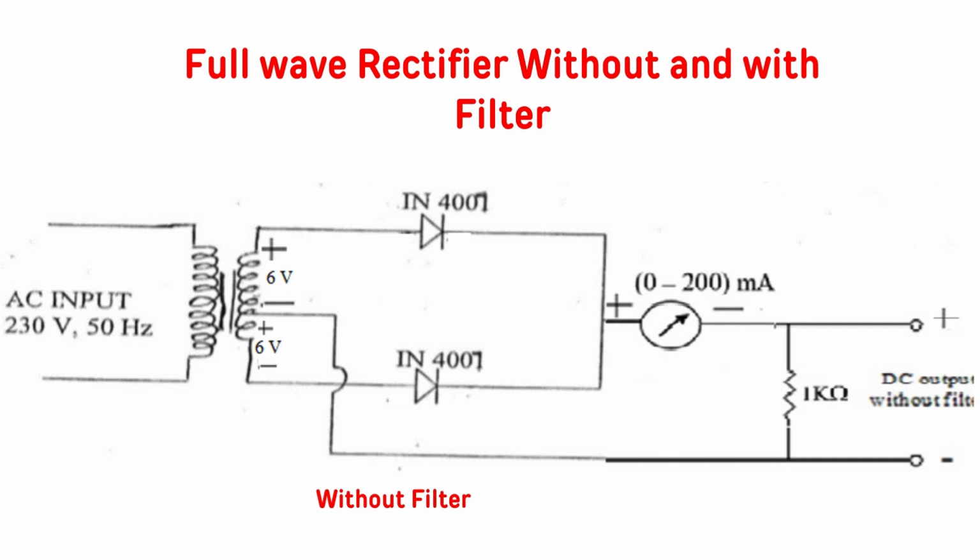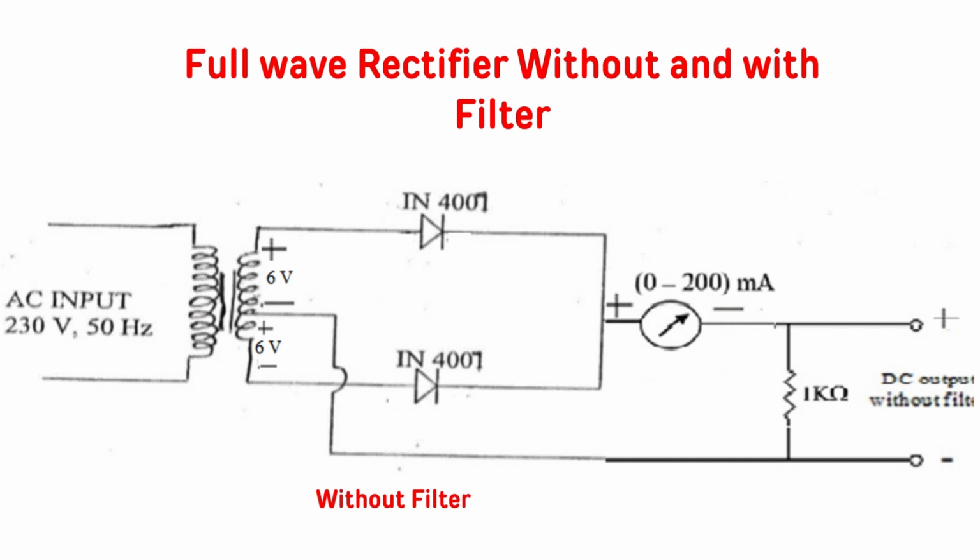Full wave rectifier without and with filter. Now here in the circuit, we have a center tapped transformer. The primary is a 230 volts, 50 Hz AC input, whereas the secondary has 3 terminals, consisting of 6, 0, 6.